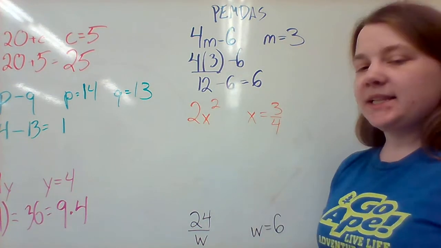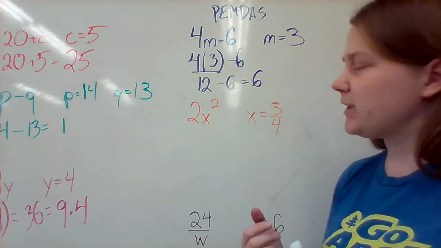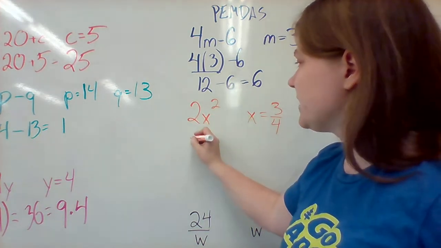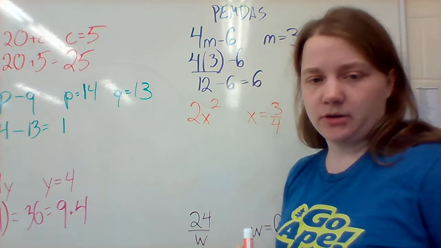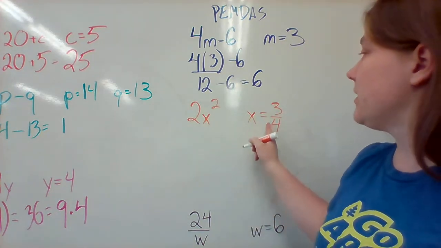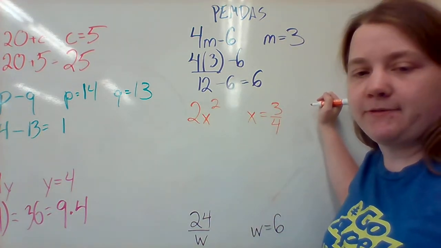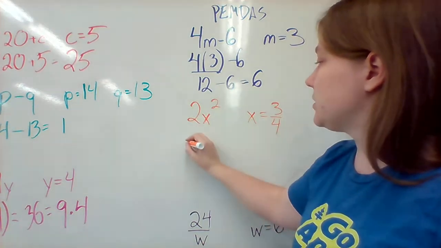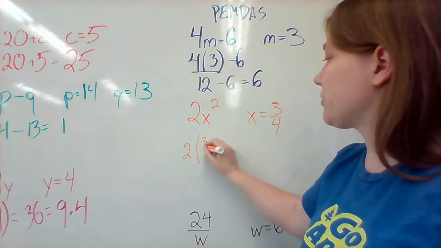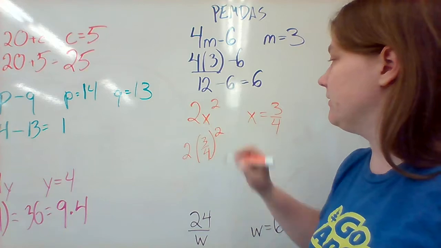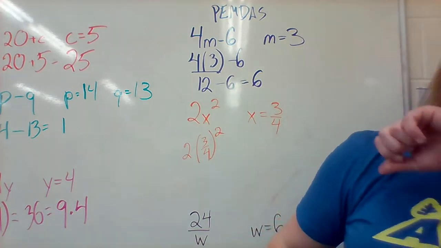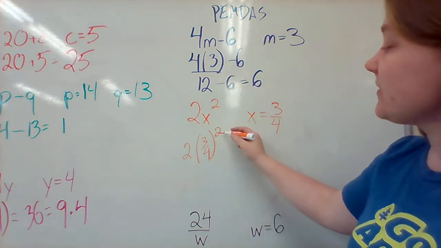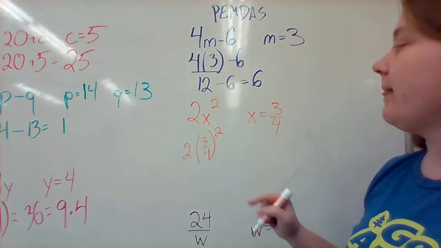Now over here I've got a little bit more of a complicated problem, not really that bad, and it's 2x squared. In this case, x is 3/4. So I'm going to rewrite this problem with 3/4 instead of the x. So I need to square that 3/4.